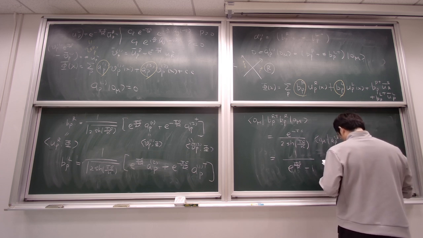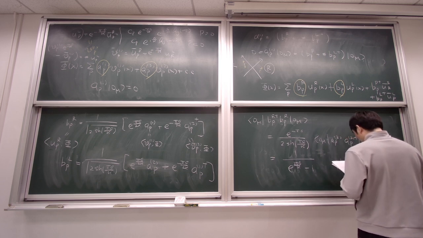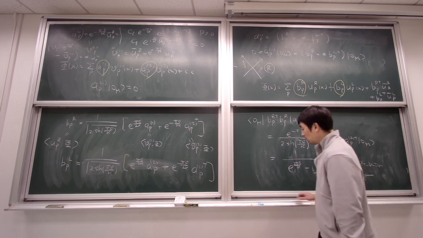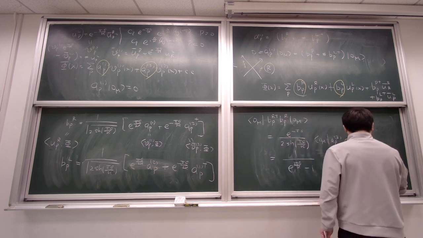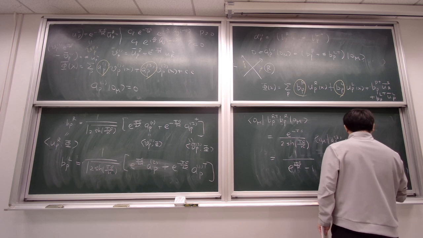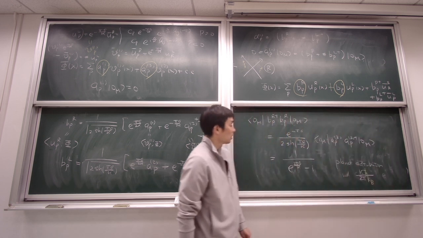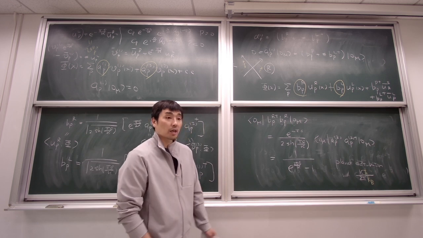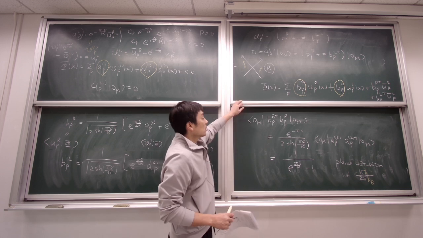With the temperature given by kappa over 2 pi. I mean, if you want to restore the Boltzmann constant and the Planck constant, one can write it like this. Okay. A Planck distribution with temperature given by the surface gravity.